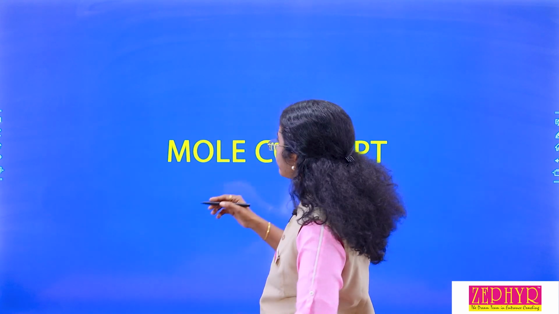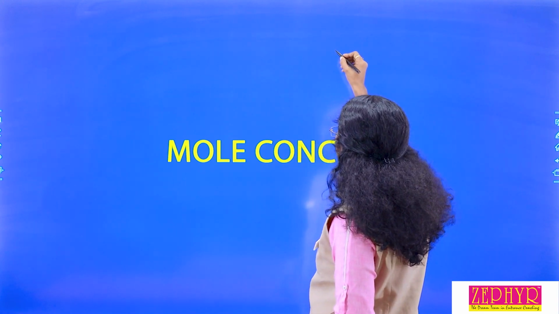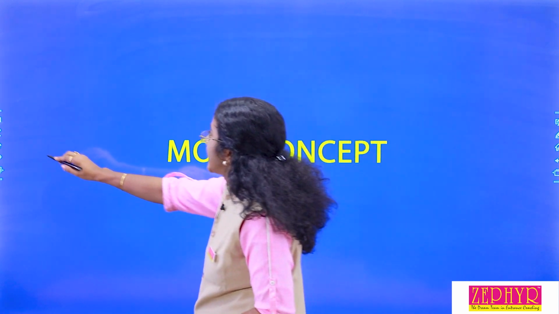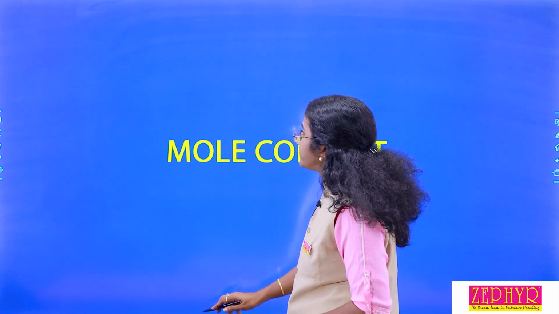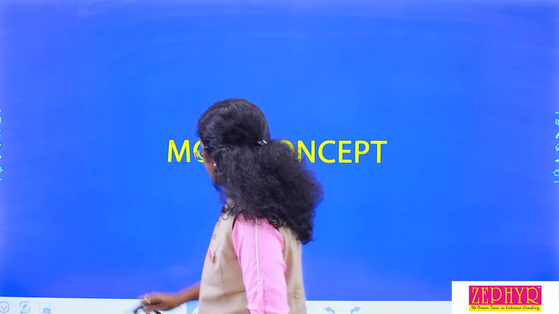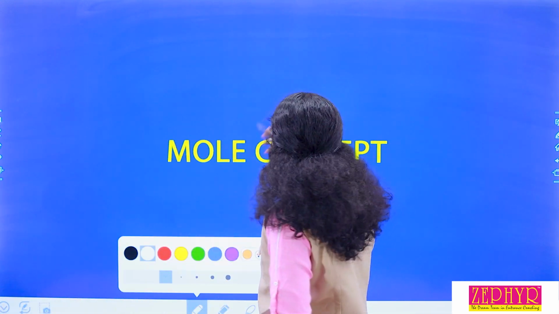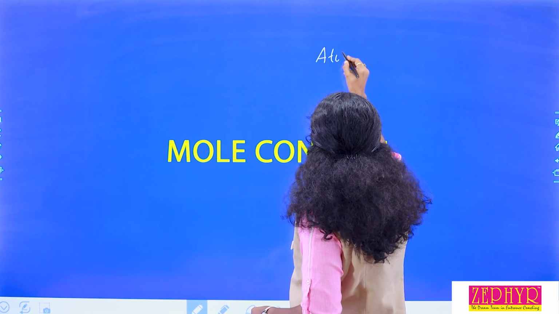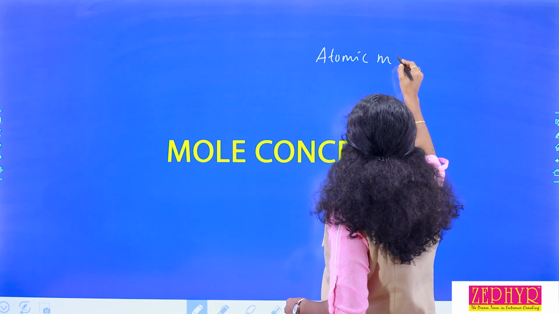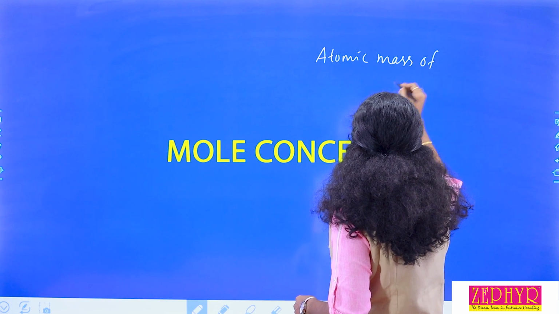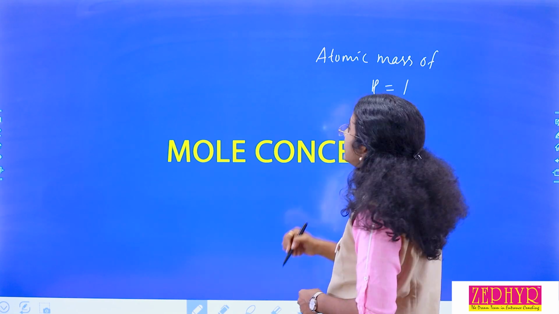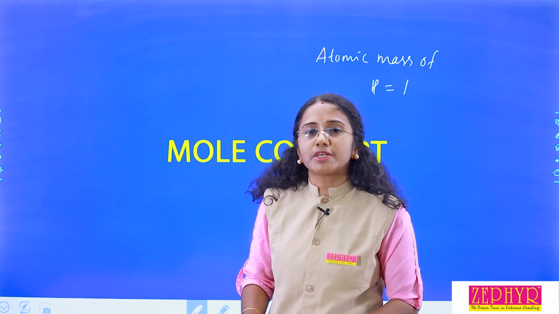For example, what is the atomic mass of hydrogen? Atomic mass of hydrogen is equal to 1. What is the gram atomic mass of hydrogen?